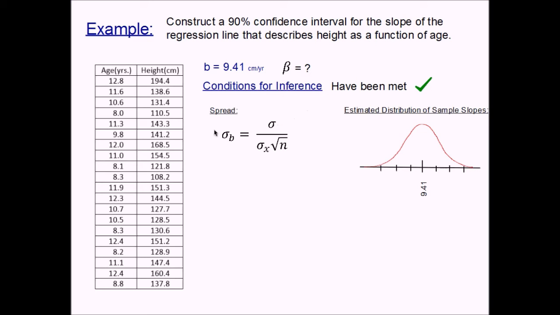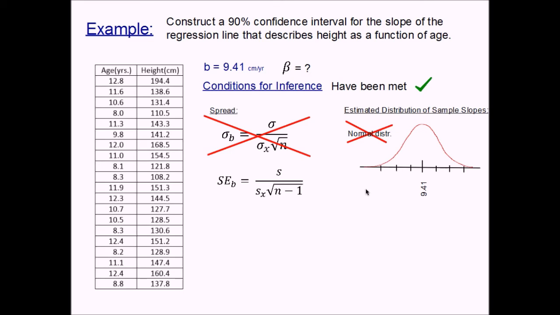This, of course, would be the ideal if we knew the population parameters, at which point this would be a normal distribution. This almost never happens. If we knew the population parameters, then we wouldn't have to do inference for beta, which is the population slope. So that really never happens.